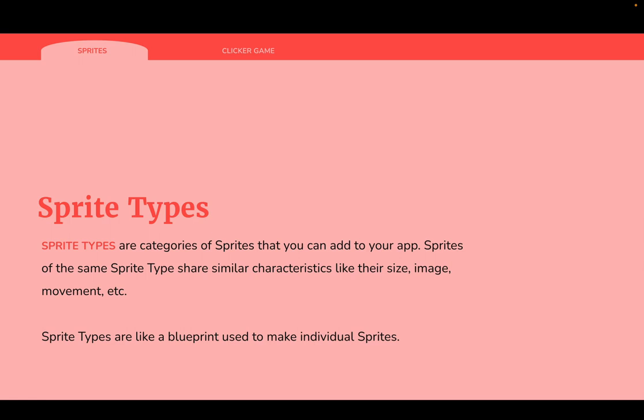And the reason why we use sprite types is because it makes it a lot less tedious to create new sprites when we know that we're going to have multiple sprites that belong to the same type, or that behave or look in a similar or exactly the same way. So we can define a sprite type, give it all of its properties and characteristics, and then easily create multiples of that sprite type, and we know that they will all look and behave in the same way.